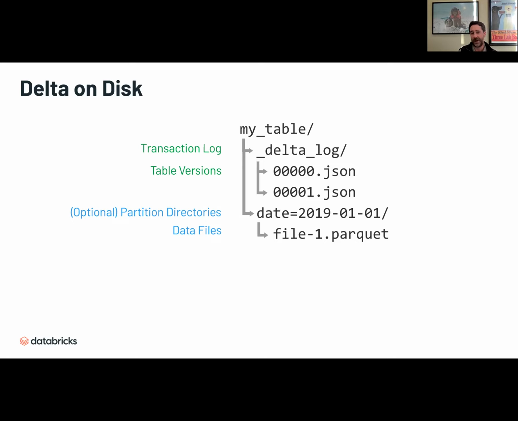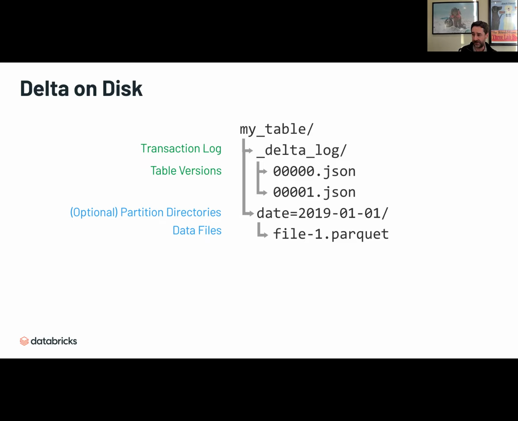The reason why I describe it as Parquet on steroids is that there's also a transaction log associated with these directories and the files themselves. So you can read what's in a Delta table just by looking at the Parquet files.